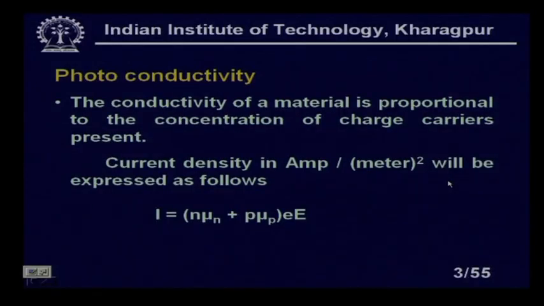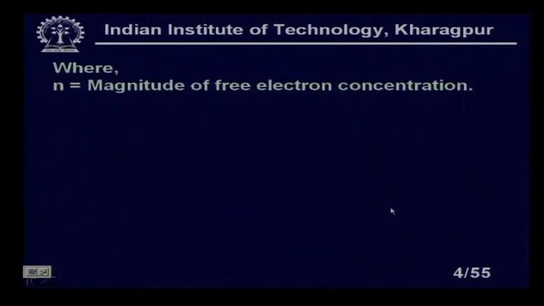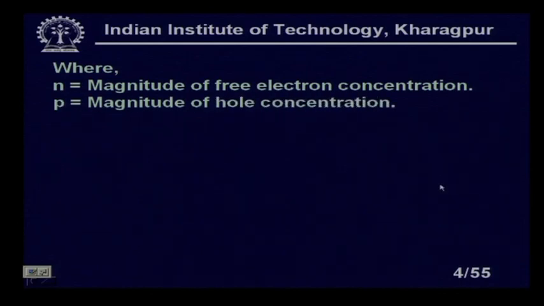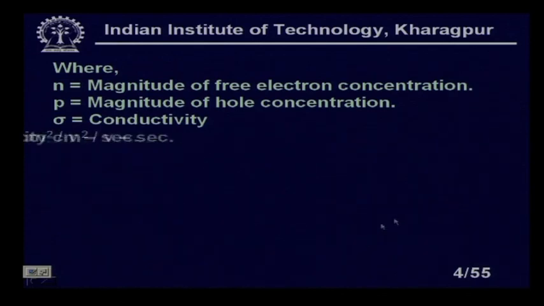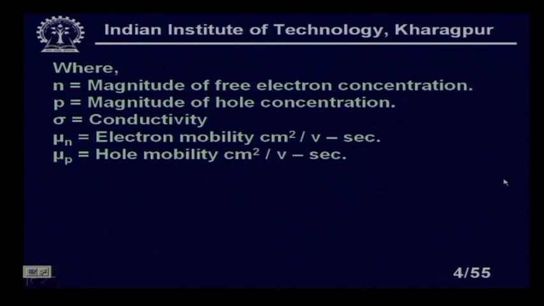The current density in amperes per meter square will be expressed as follows: J equal to (n mu n plus p mu p) e multiplied by E, where n is the magnitude of free electron concentration, p is the magnitude of hole concentration, mu n is the electron mobility in centimeter square per volt second, and mu p is the hole mobility in centimeter square per volt second.